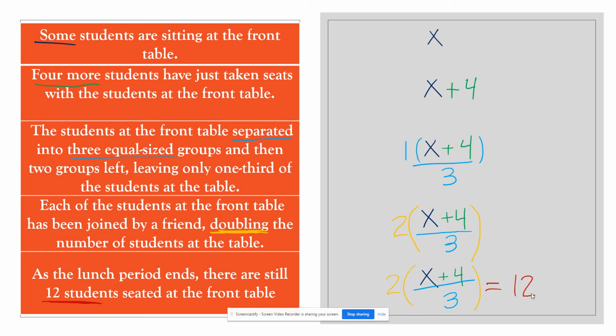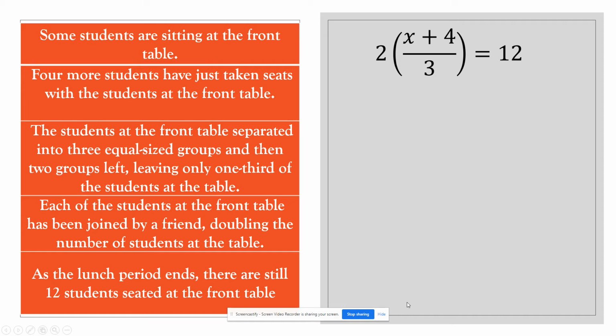So we need to figure out how many students were at the table. Well, let's solve. So we can have our equation, right? This was represented by 2 times the quantity x plus 4 divided by 3 is equal to 12.